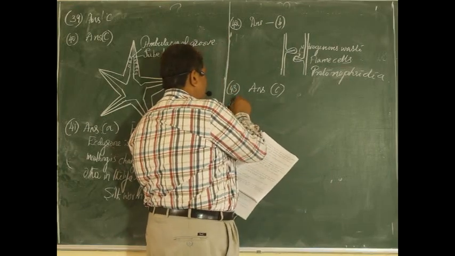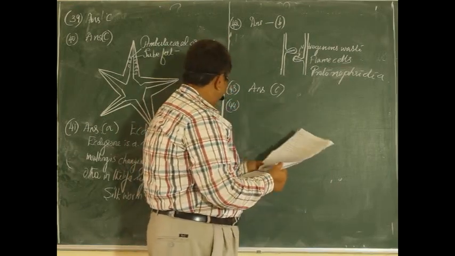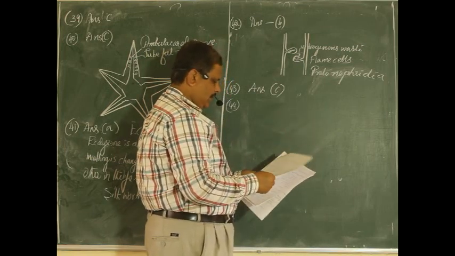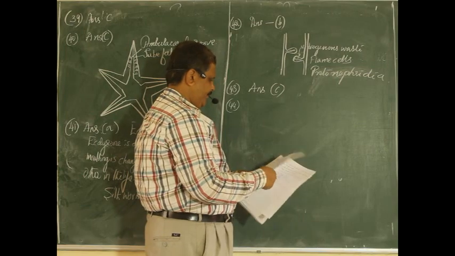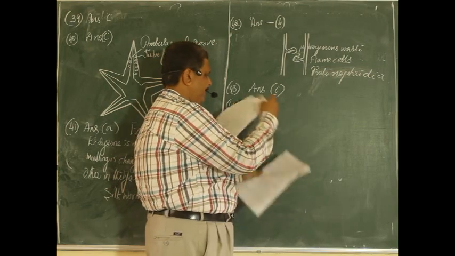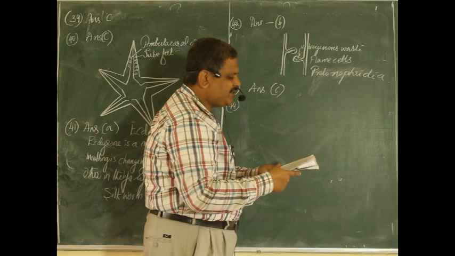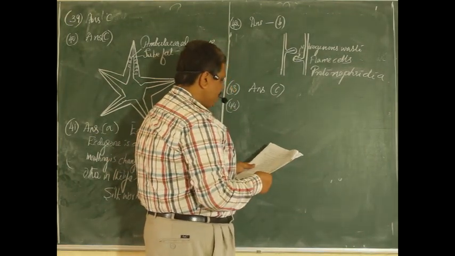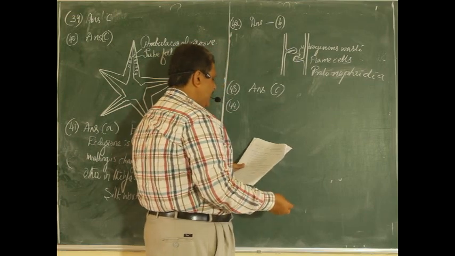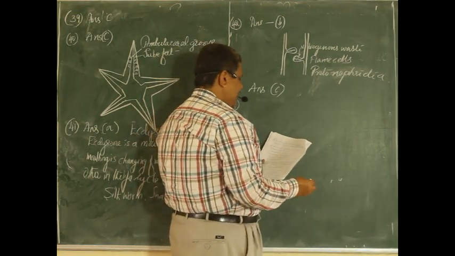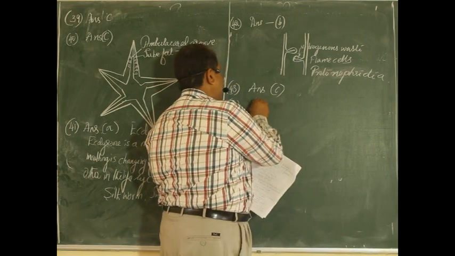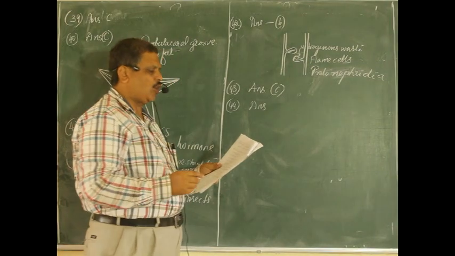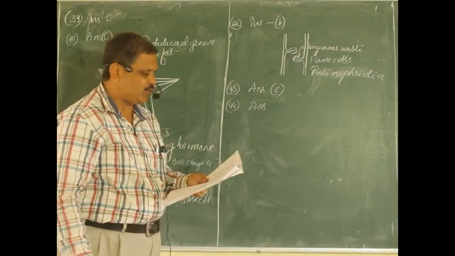Next question, number 44. The horns of the rhinoceros are composed of option A, chitin, option B, bone, option C, keratin, option D, cartilage. It's a very interesting question.